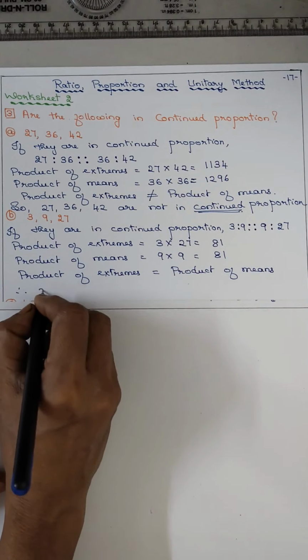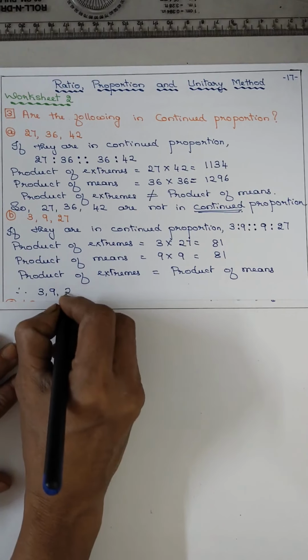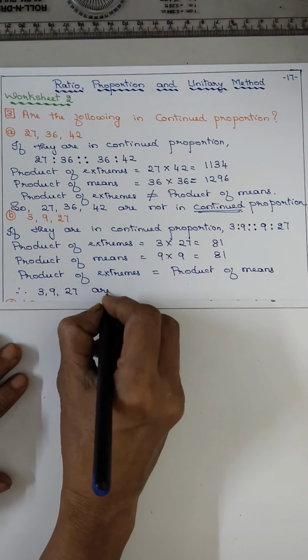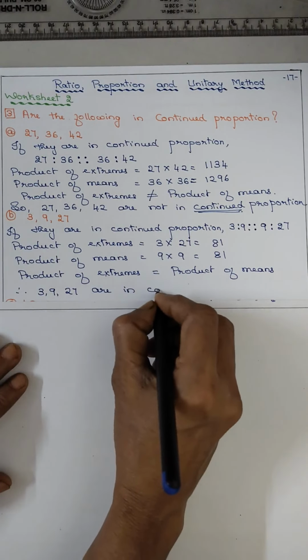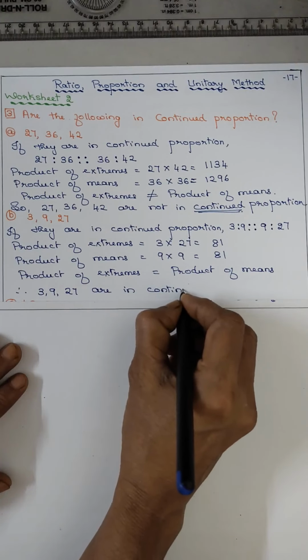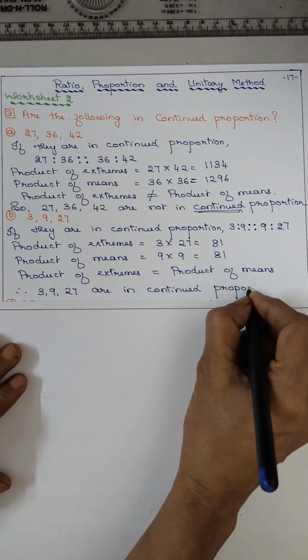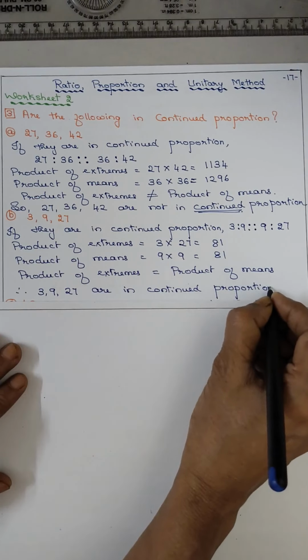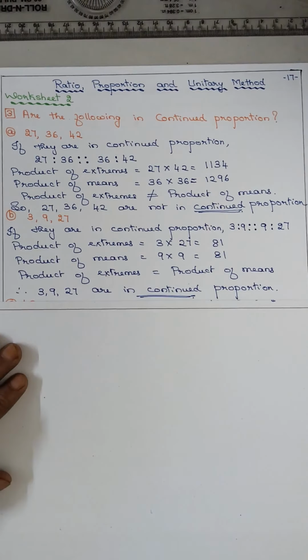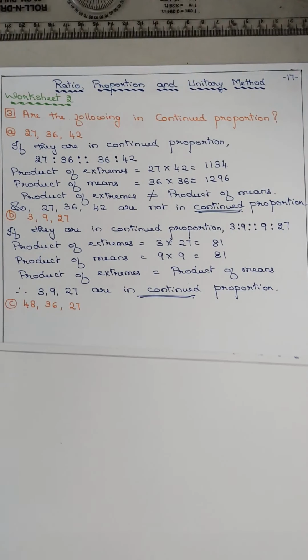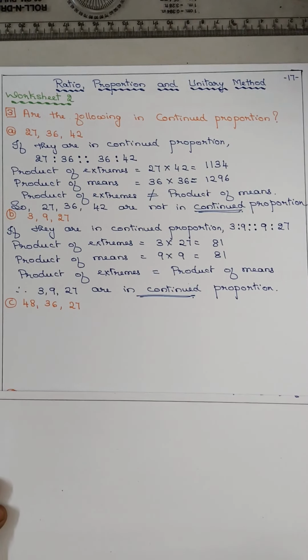Therefore 3, 9, 27 are in continued proportion. Hope everyone is understanding. Method is the same. Only extra work is in the starting step you have to write the middle term twice and then continue.